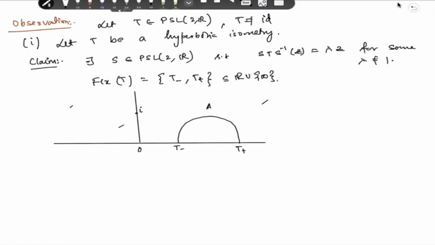What do we know? There exists a Mobius transformation, in fact an element of PSL2R, which takes this geodesic A to this imaginary axis. Let us call it capital I.